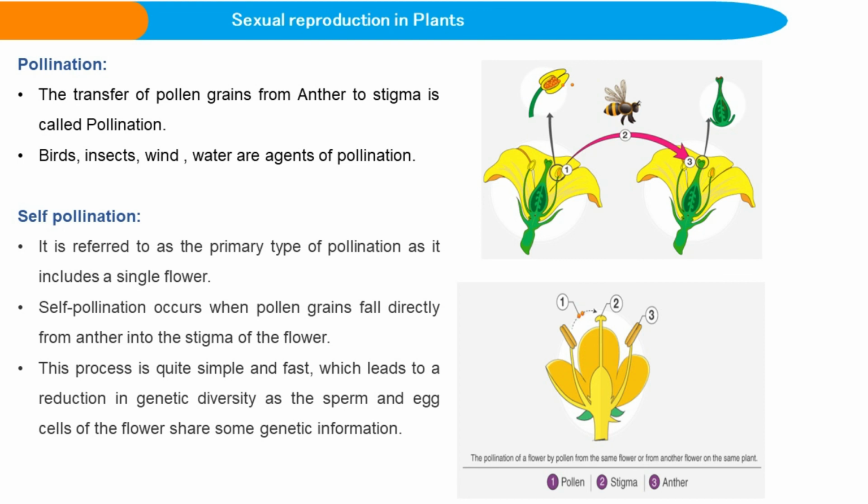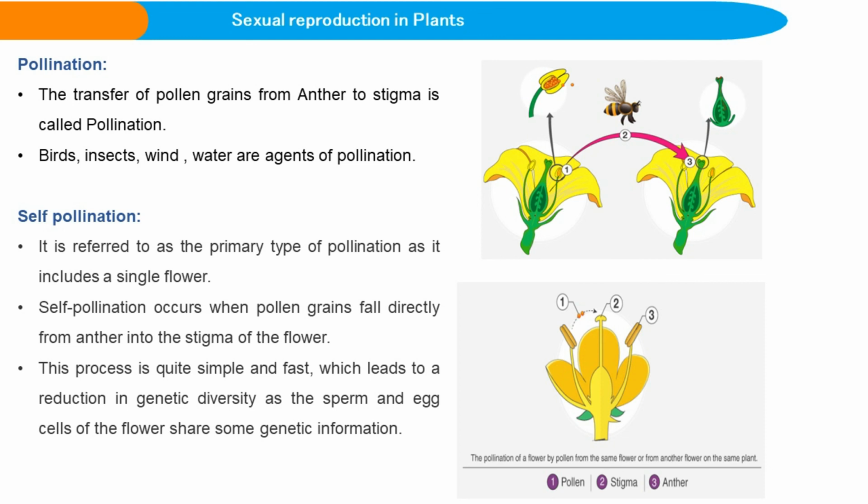That means within the same flower the pollen transfer takes place from anther to stigma. This process is quite simple and fast, which leads to a reduction in genetic diversity, as the sperm and egg cells share some genetic information. So, there is no diversity, children.